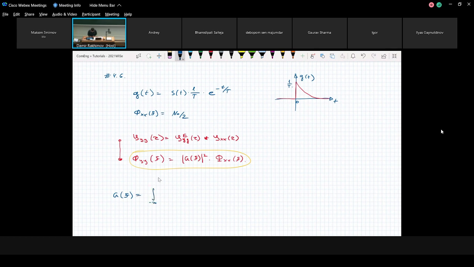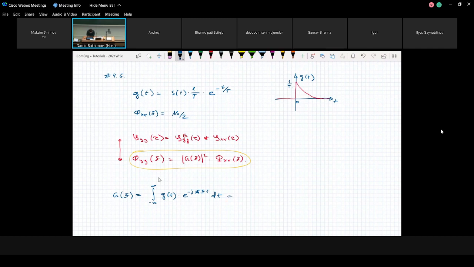Calculate the integral from minus infinity to infinity of g of t, and then we multiply by the exponential function minus j 2 pi f t. What happens with the integral after I substitute g of t? Yes, we change limits, because g of t, our impulse response, exists only in the range from 0 to infinity.